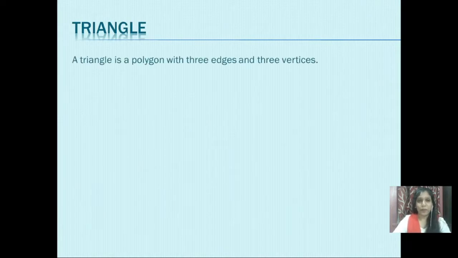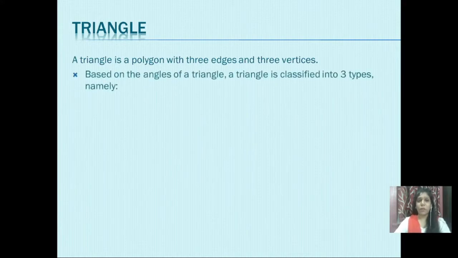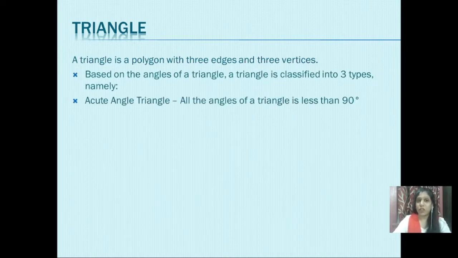Triangle. We all know what triangles are, correct? It is a polygon with 3 sides and 3 vertices. Based on the angles, a triangle is classified into 3 types. The first one is the acute angle triangle: all the angles of the triangle are less than 90 degrees.